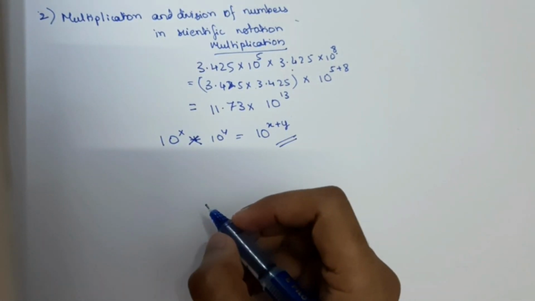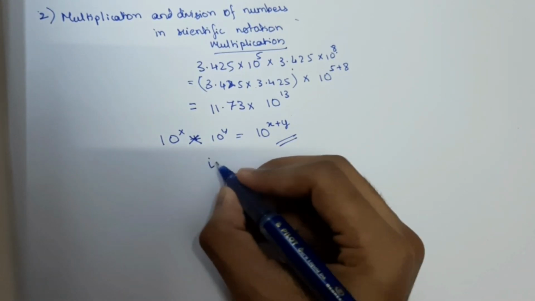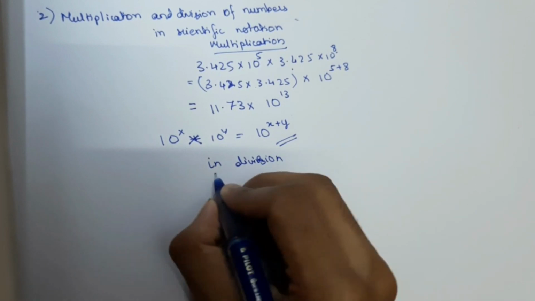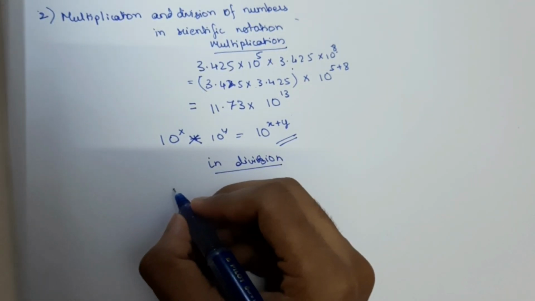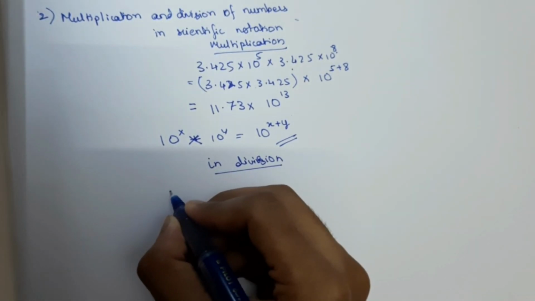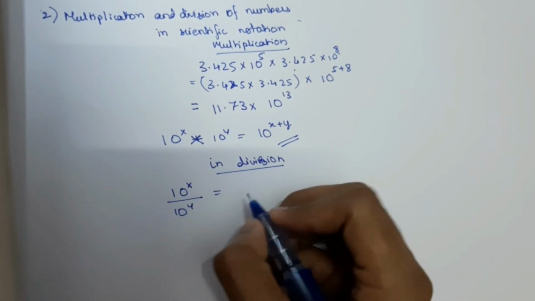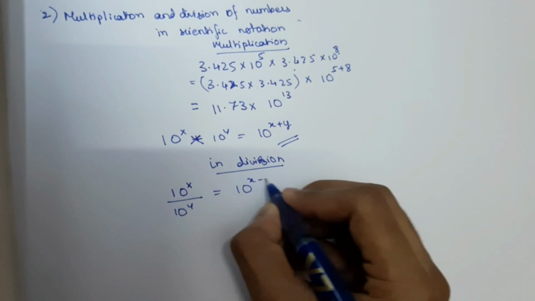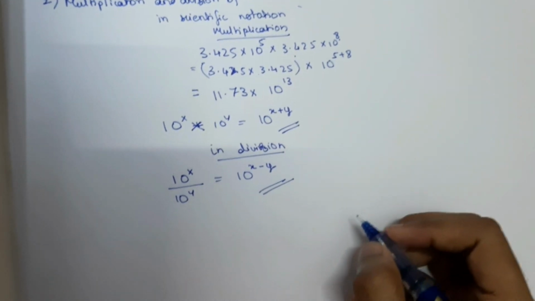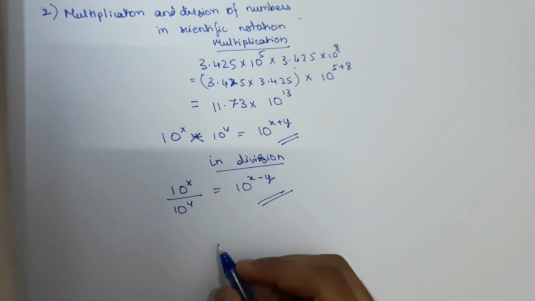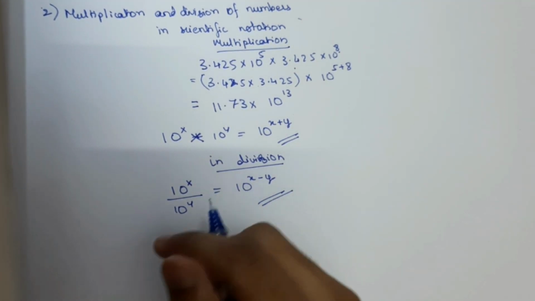And in division, 10 raised to x divided by 10 raised to y is equal to 10 raised to x minus y. That's how the powers of 10 get combined.